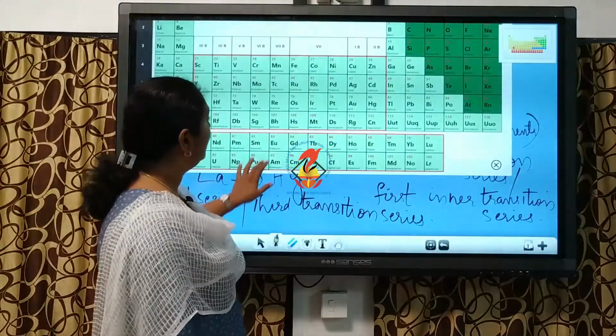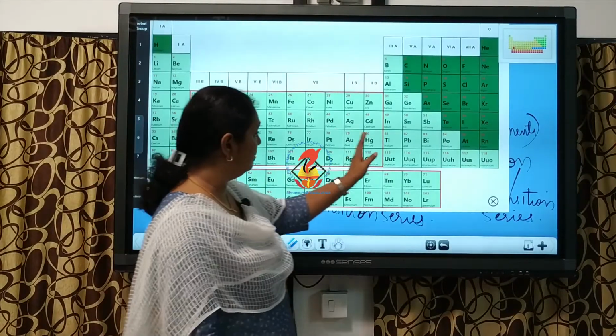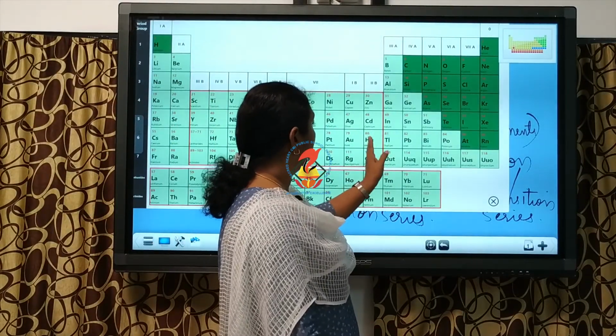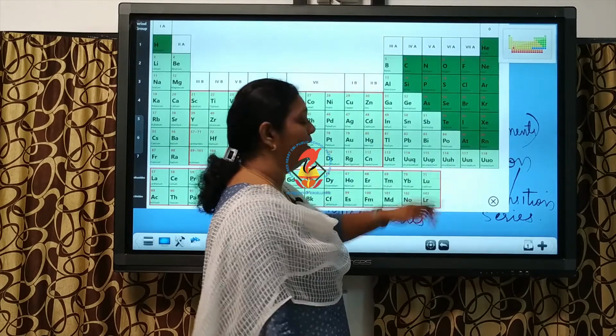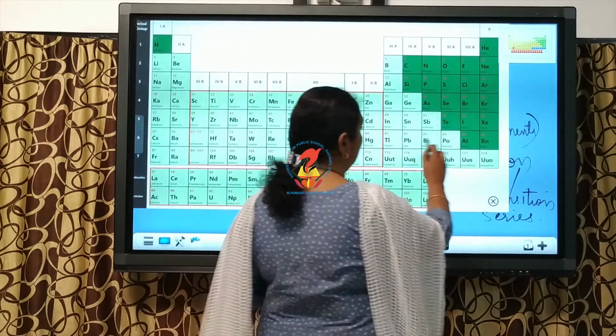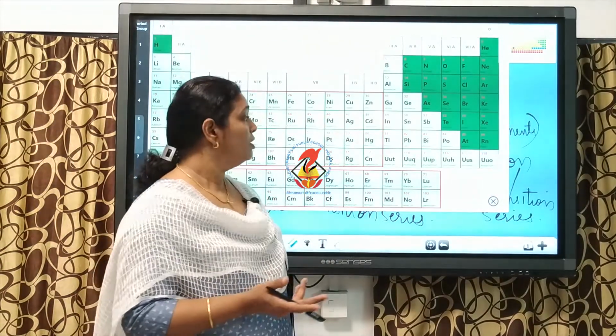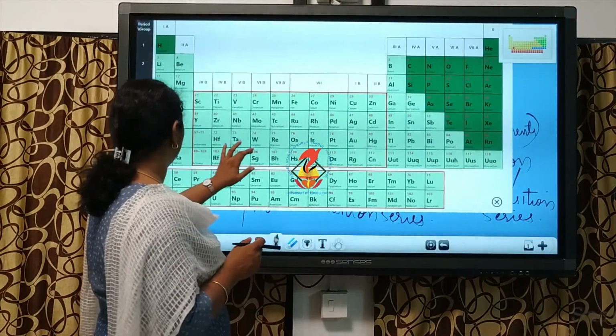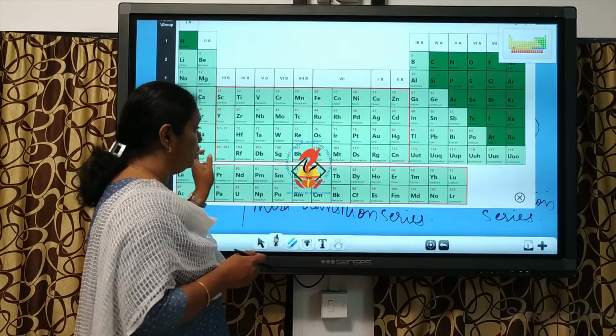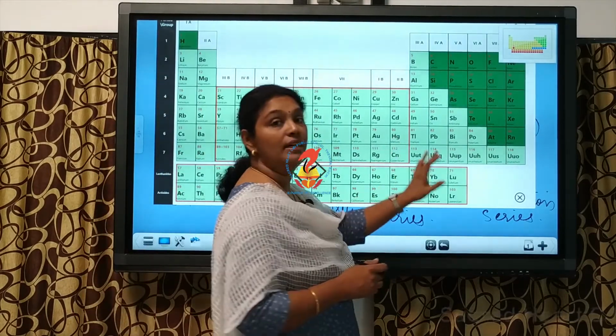Now after 5D orbitals, after mercury, we have the 6p orbital getting filled, that is from thallium to radon. 6p orbitals get filled. So if you look at period number 6, we have the first element cesium and the last element radon.